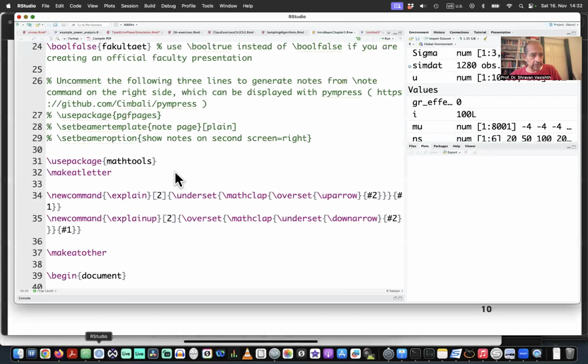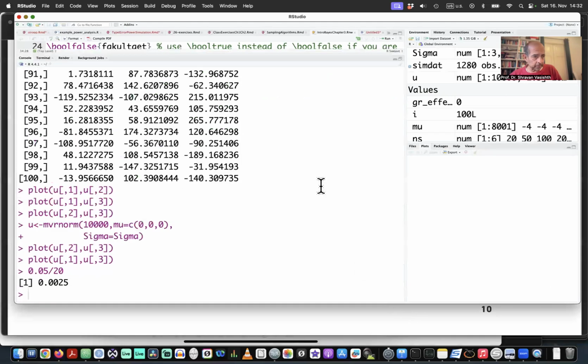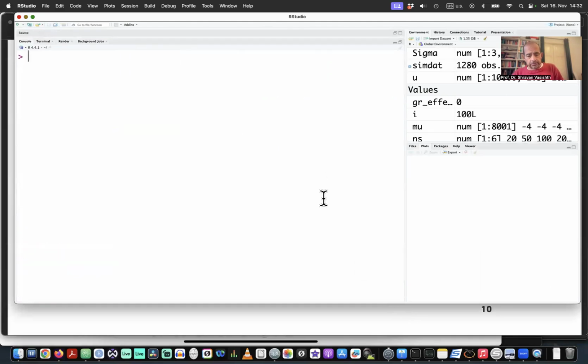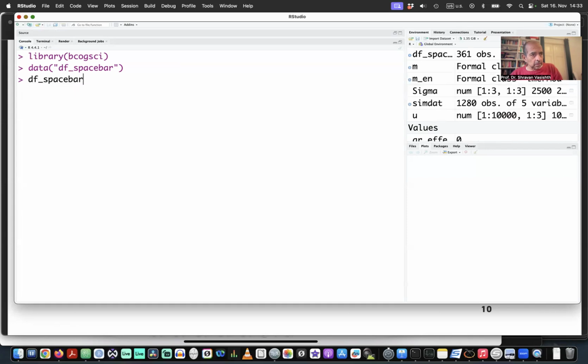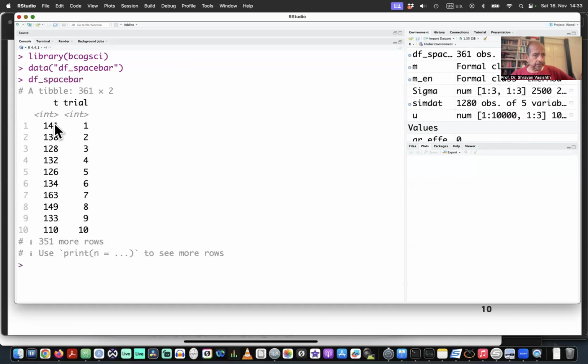So in the whole book, when we are doing statistical modeling, we will try to describe how each row in the data frame was generated, right?